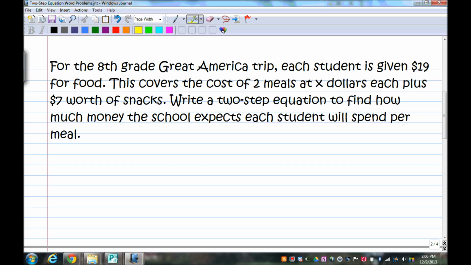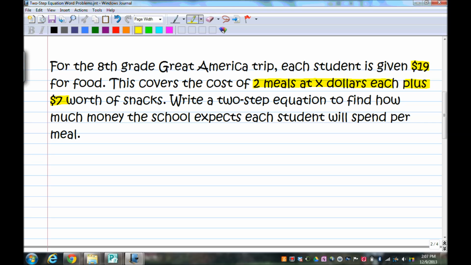Okay. Hopefully, when you were looking at this, you said, all right, this is the key information here. $19 for food. That's the total amount. Then I have 2 meals at X dollars each. Plus, there's another key word, $7 worth of snacks.